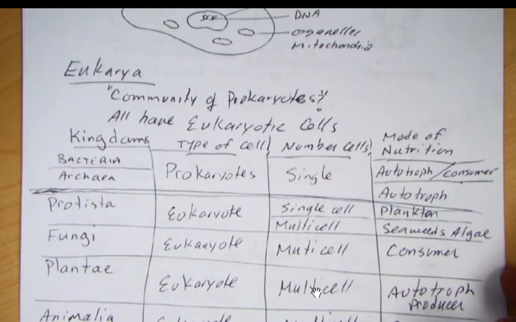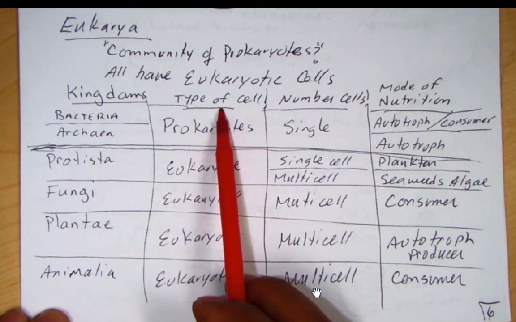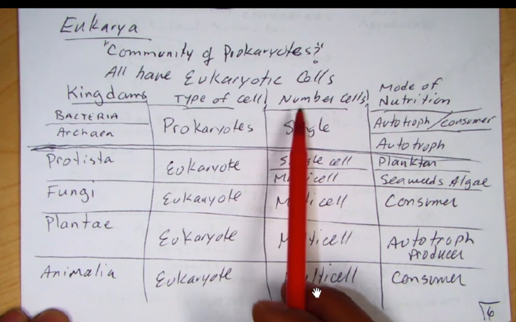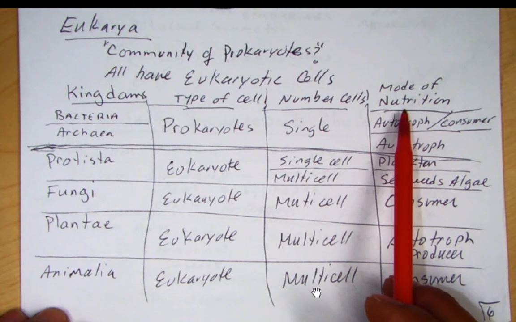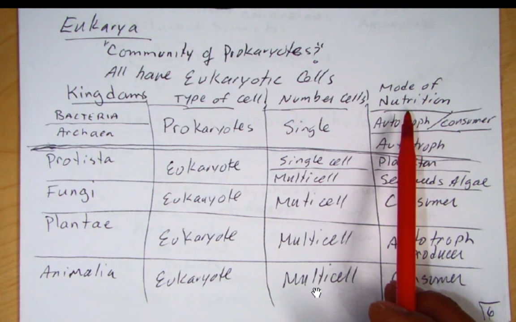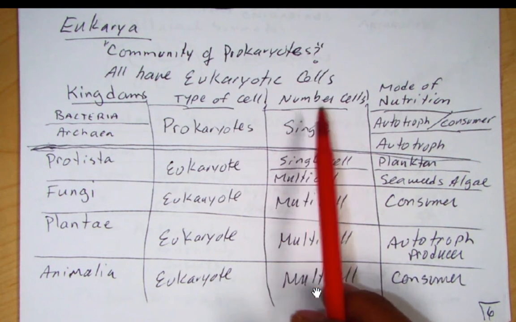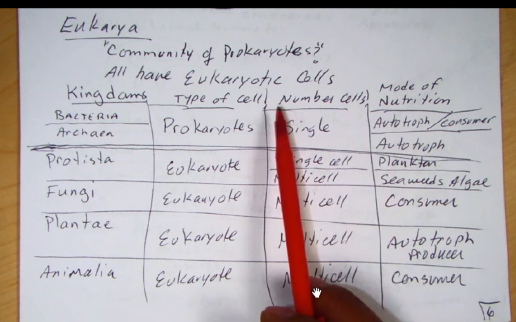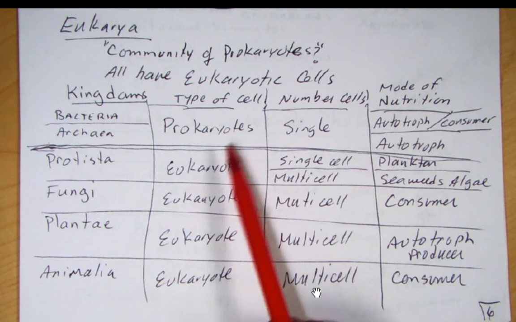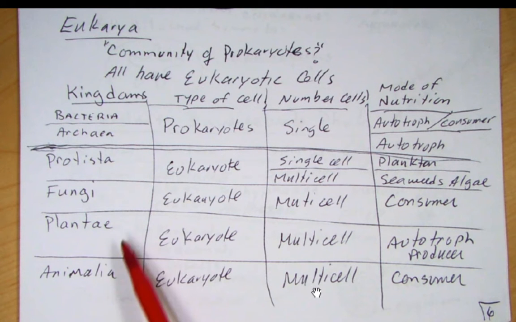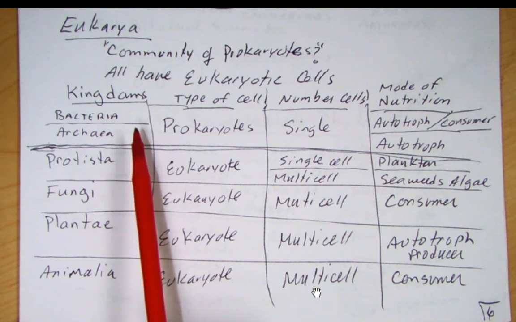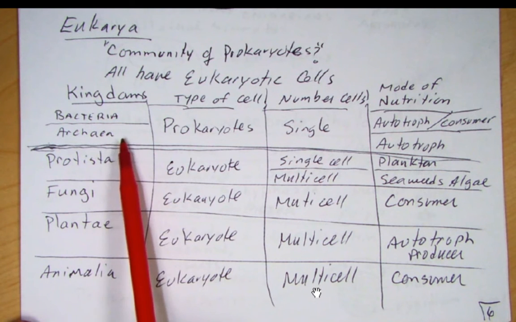So what I like to do is break life down by the number of cells and the mode of nutrition. All life can be categorized under those three categories: type of cell, number of cells, and mode of nutrition. And with those criteria, we can designate these kingdoms of life, right? So remember, both the bacteria and archaea are prokaryotes.